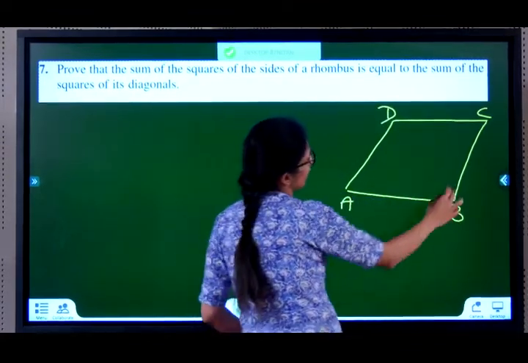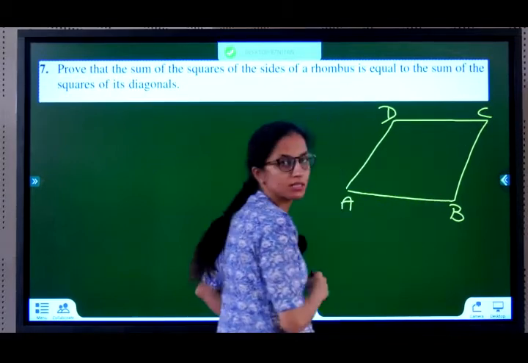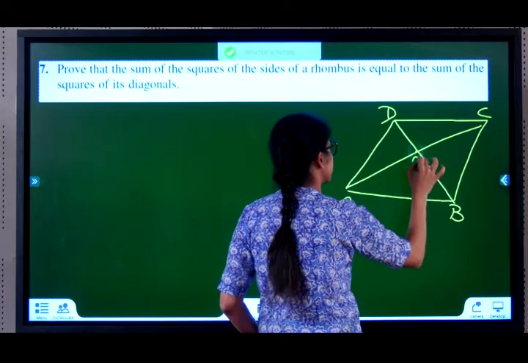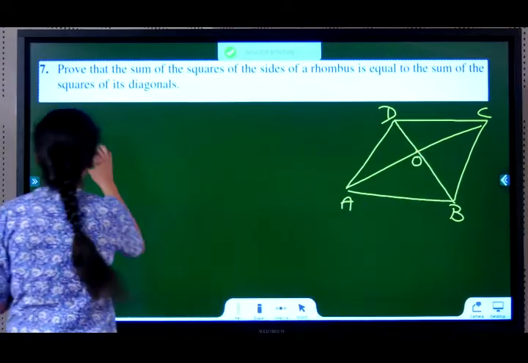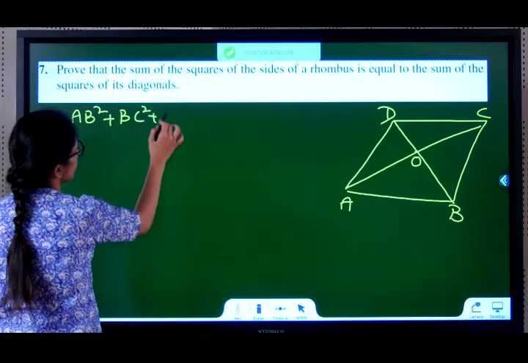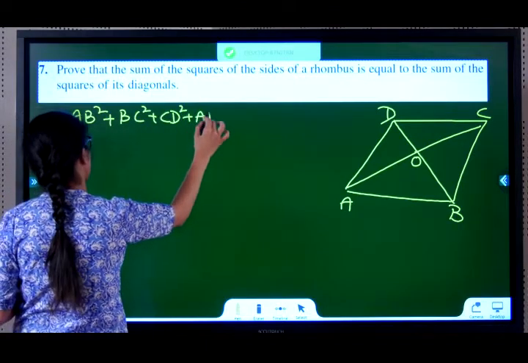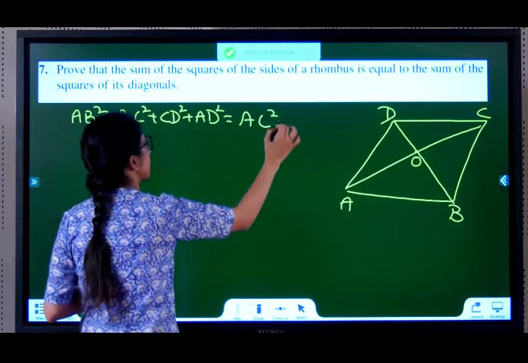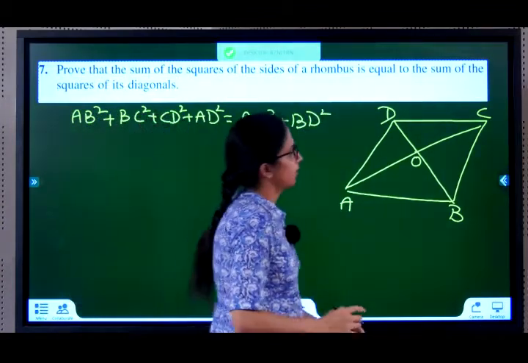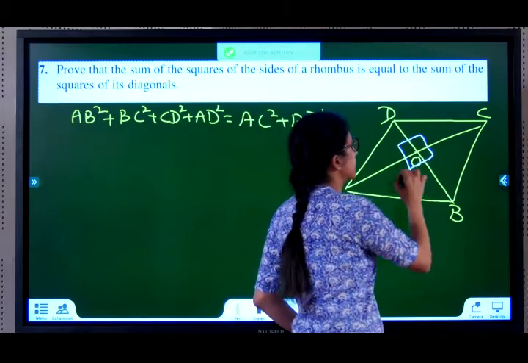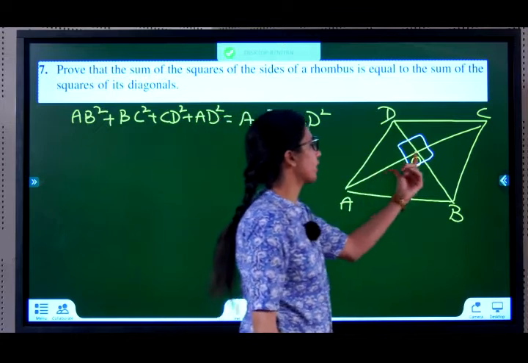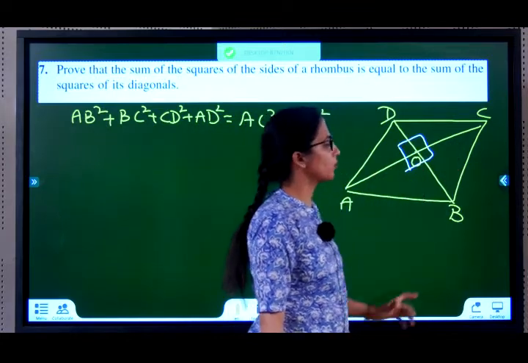You have to prove that AB square plus BC square plus CD square plus AD square is equal to AC square plus BD square. See, first of all, the diagonals bisect each other at 90 degrees, so OA is equal to OC, OD is equal to OB.